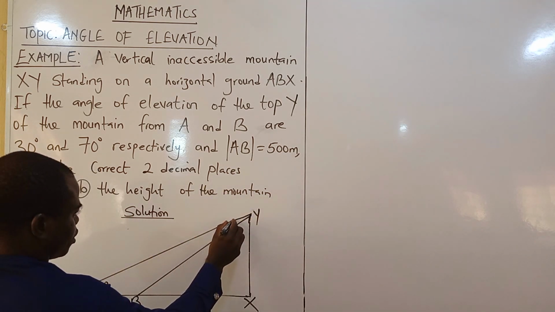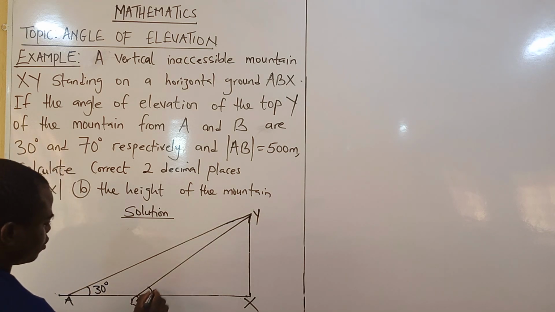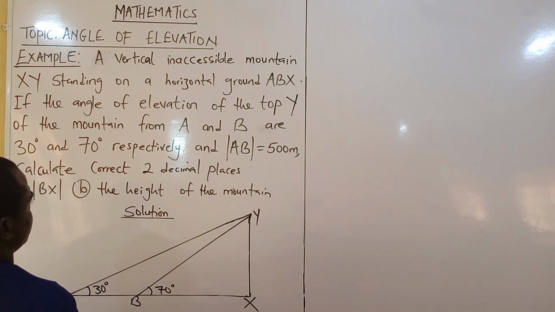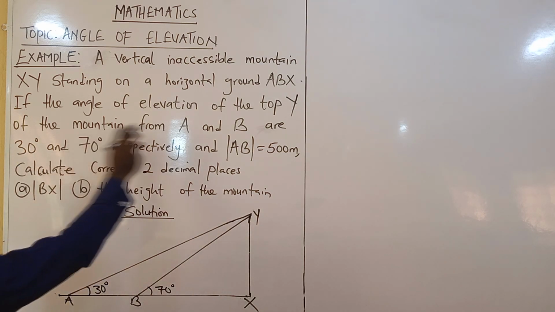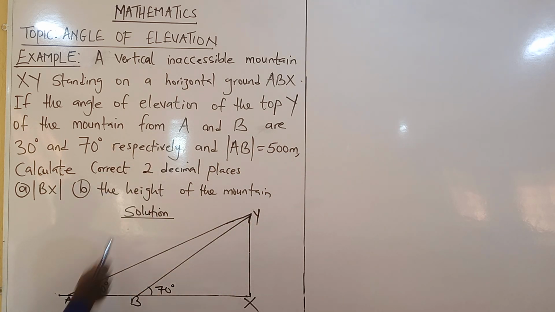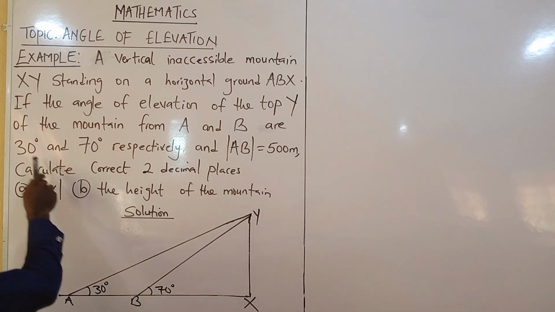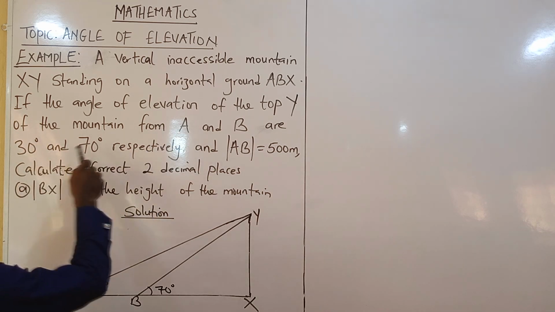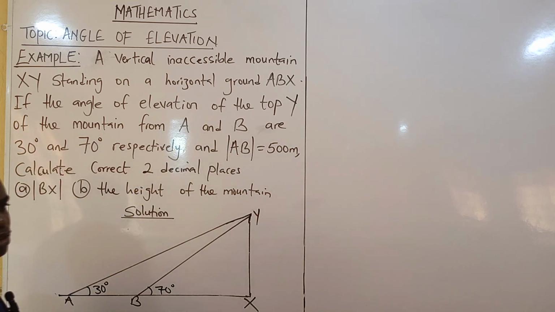Okay, this is our angle 70 degrees. Always take note, the first angle goes for the first alphabet, the second angle goes for the second alphabet respectively.